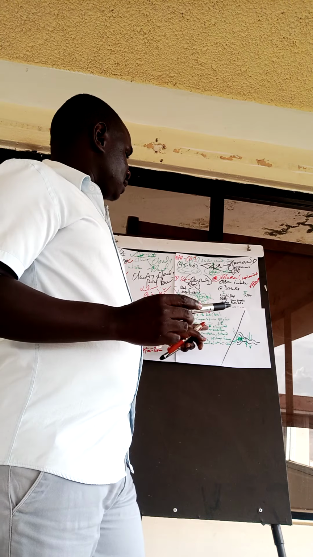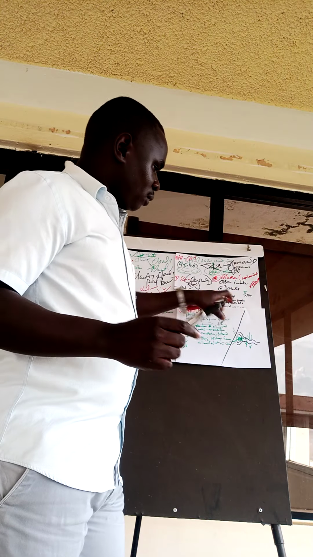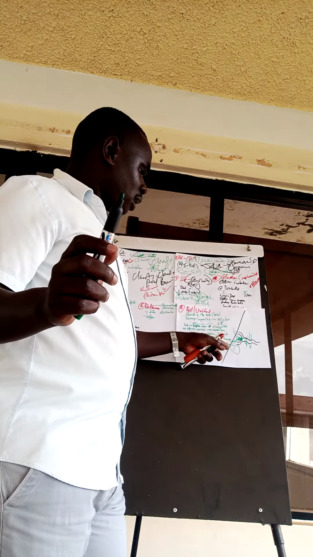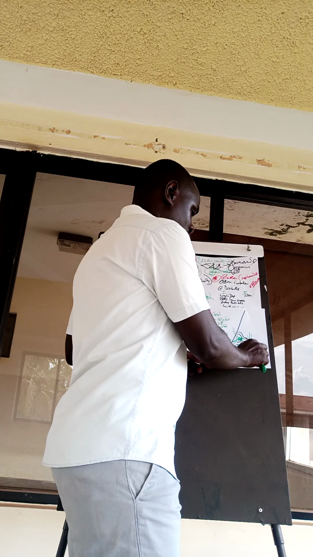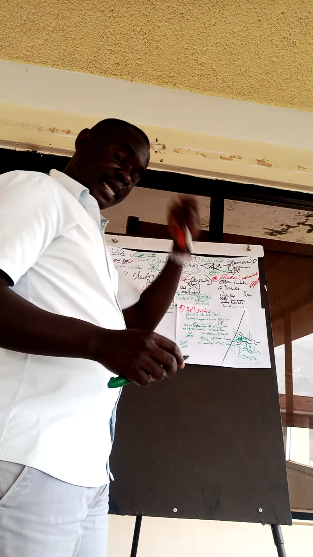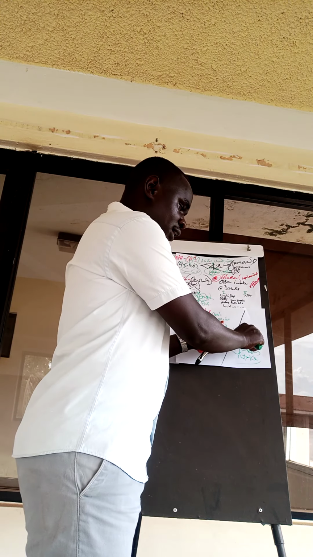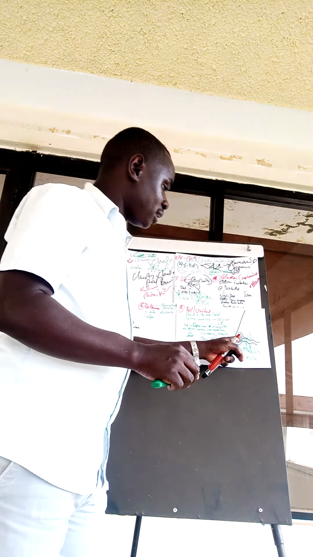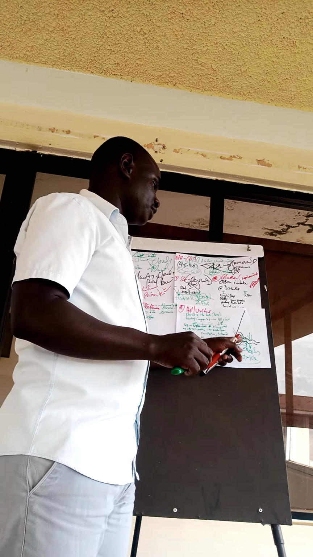What happens when there is presence of glucose in urine is that, one, if there is overload or high intake of glucose or carbohydrates in our diet, you'll find that the filtrate will be overwhelmed during filtration of blood in the glomerular filtrate.